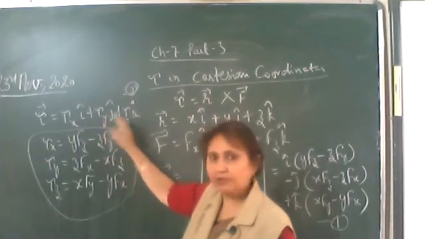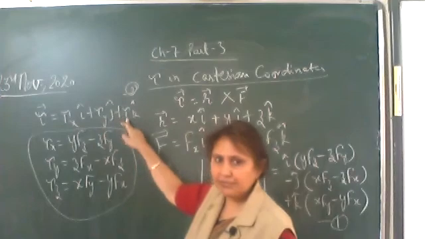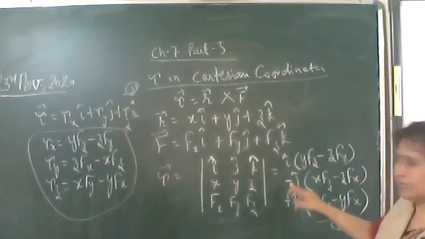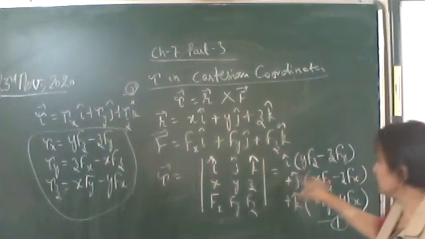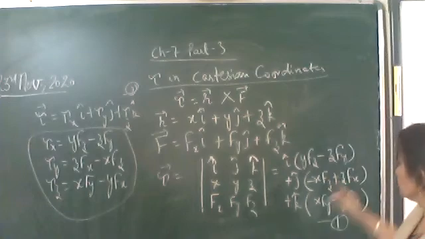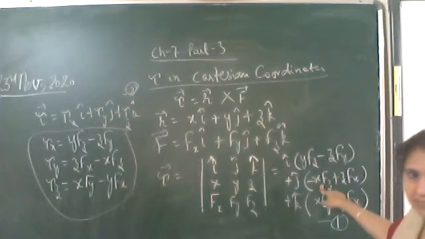How do we write any vector quantity in all three components? Tau x i cap plus tau y j cap plus tau z k cap. Now when you compare, the minus sign is outside, so take this minus sign inside, then only you can compare with that equation. So it would be z fx minus x fz. Is that clear?